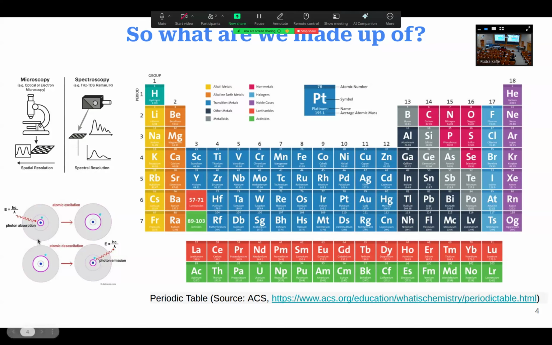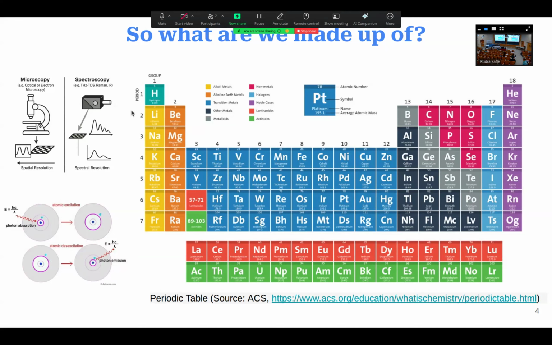These elements can absorb a photon and get excited, and they can also de-excite and release one characteristic wavelength of that element. So we can detect these elements in nature by performing different spectroscopic techniques.